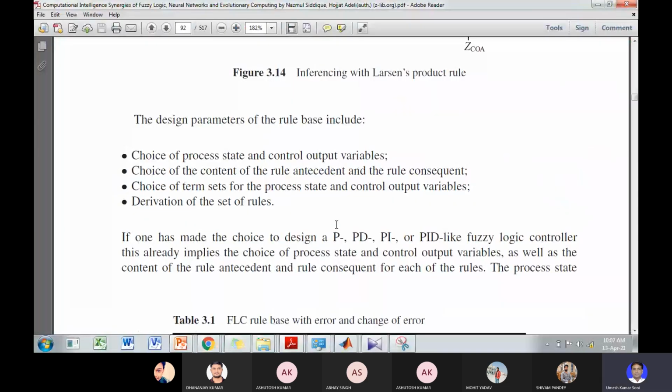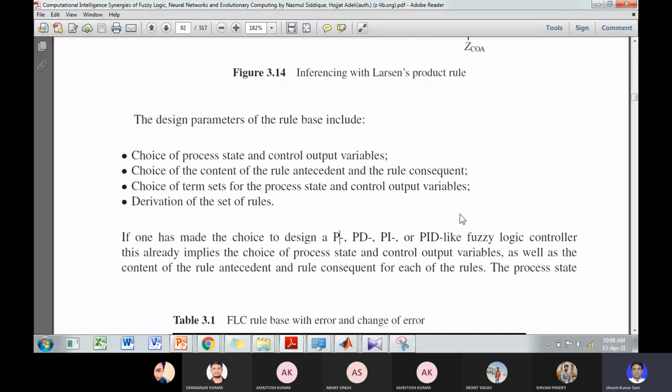Okay, so designing of rule basis includes first the choice of process and state variables, input and output variables, and rule antecedent and subsequent contents, and the process term sets, meaning what are the ranges.